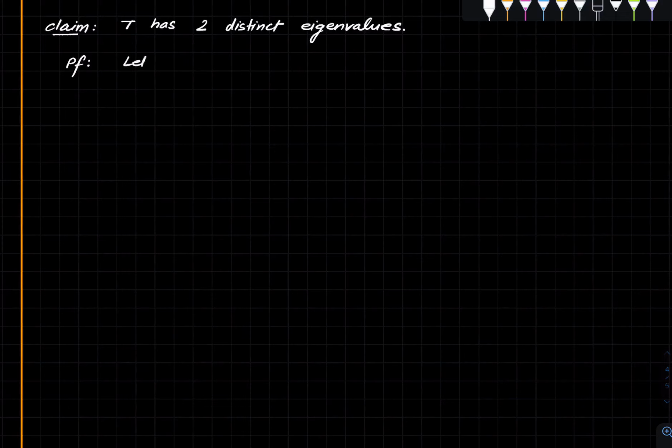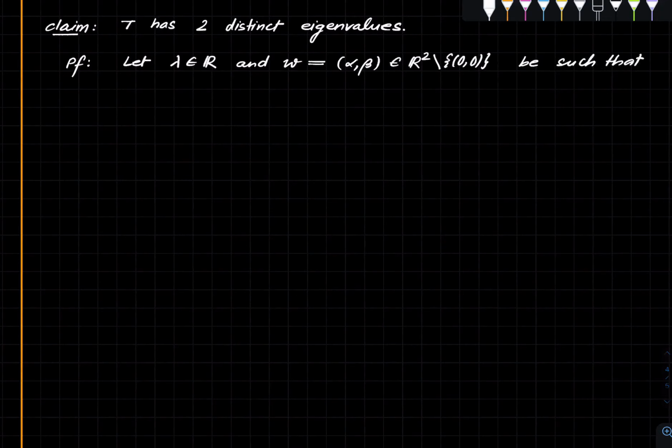So let lambda be in R and W, (alpha, beta), be this vector in R2. And I insist that it is a non-zero vector. Maybe I should write (0, 0), doesn't matter. Be such that TW equals lambda W. Right? So let's try to find out what are the possibilities for lambda.